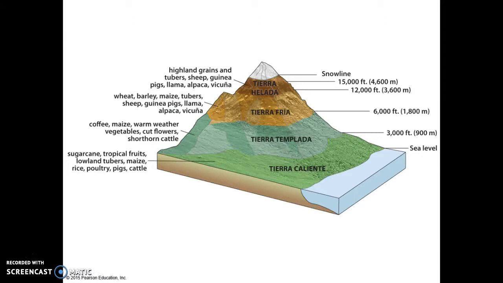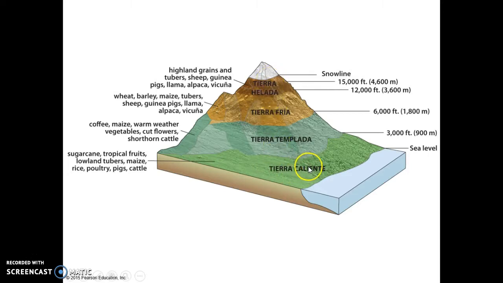Because we have the Andes Mountains in so much of South America, you're going to have this variation of climate because temperatures as you go up the mountain get colder.